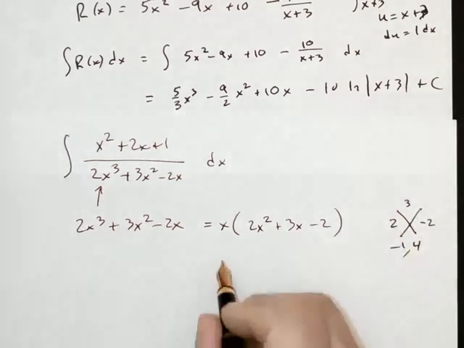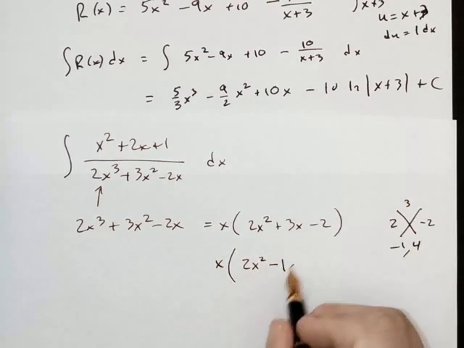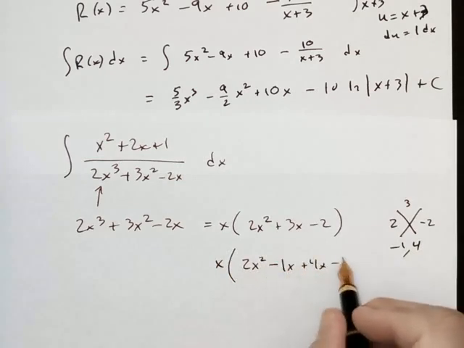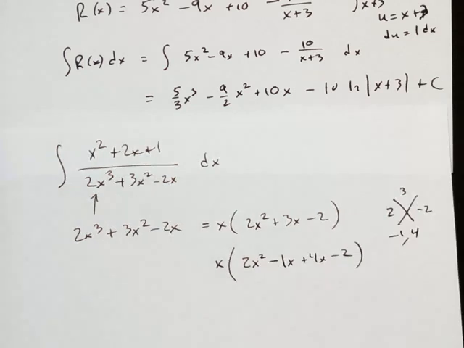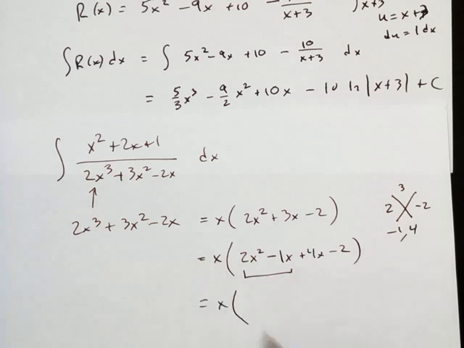So I take that middle thing and I write it -1x plus 4x. And now I factor by twos. Look at the first two things. What's the biggest thing you can factor out of here? An x.